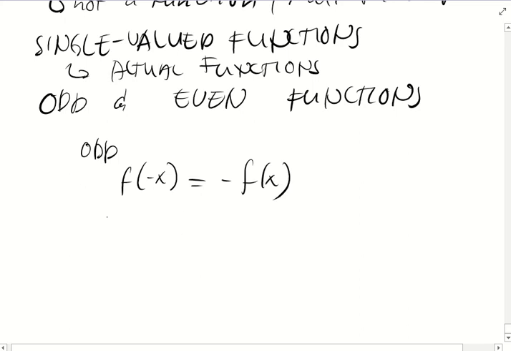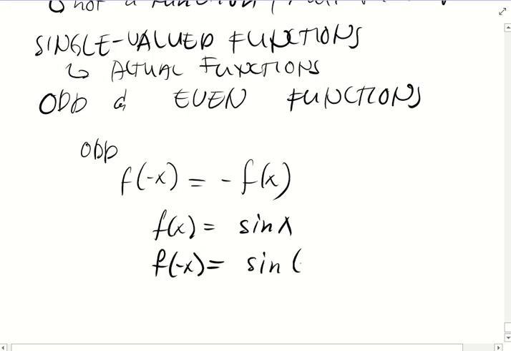So for example, f of x equals sine x. If I solve for f of negative x, this is sine of a negative x. So what is the sine of a negative x?